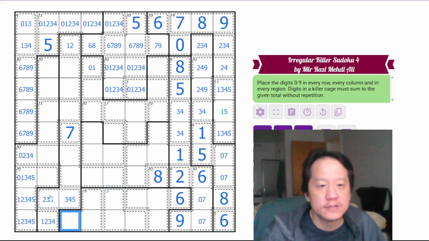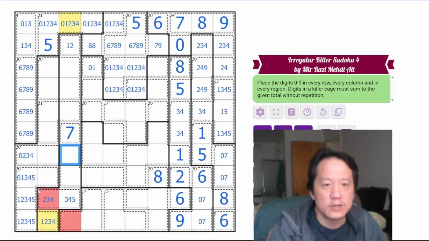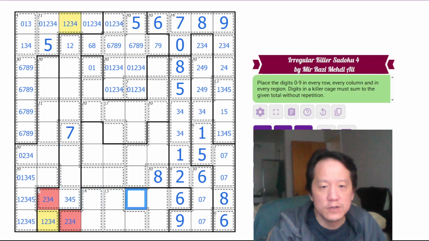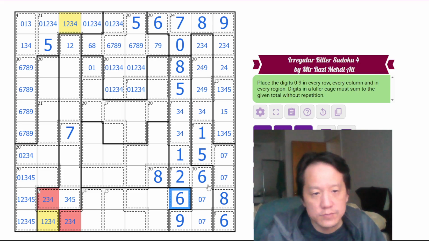This digit is the same as this. Right, so this is red. These are yellow again. So this cannot be 0 here. This is 2, 3, or 4. This is 1 or 2.